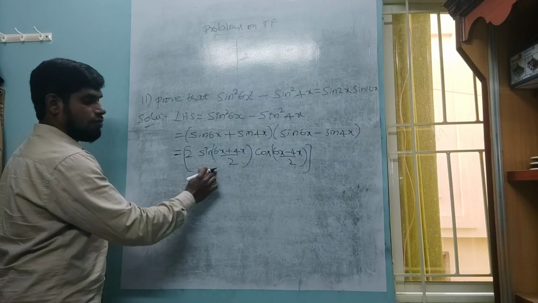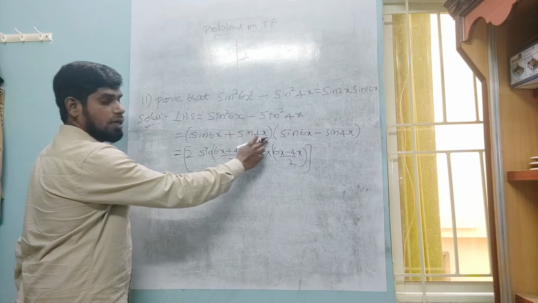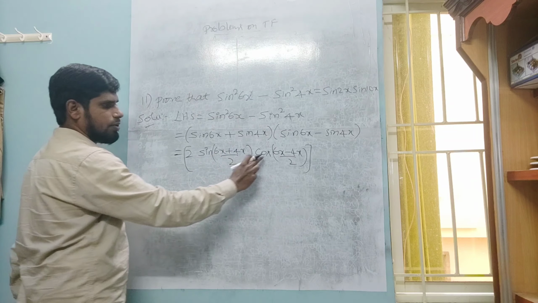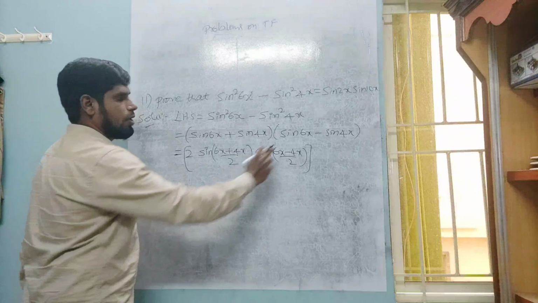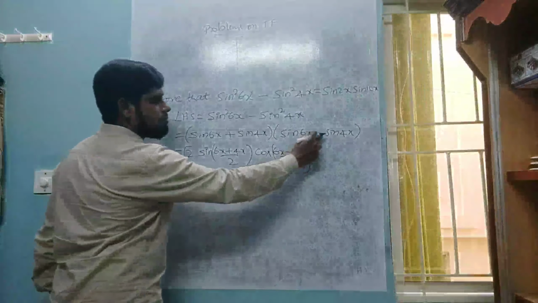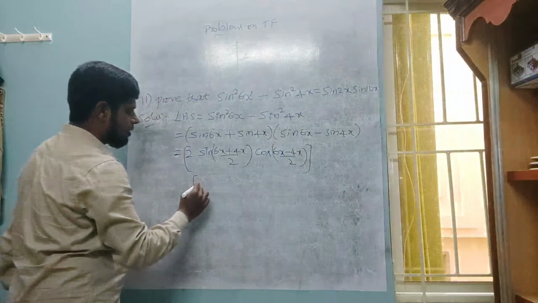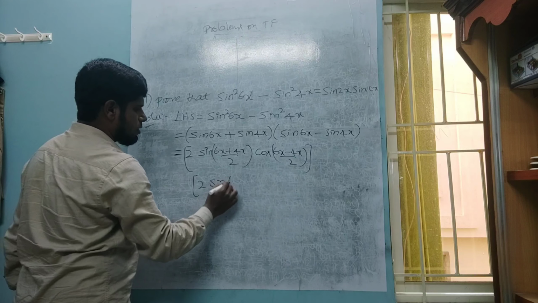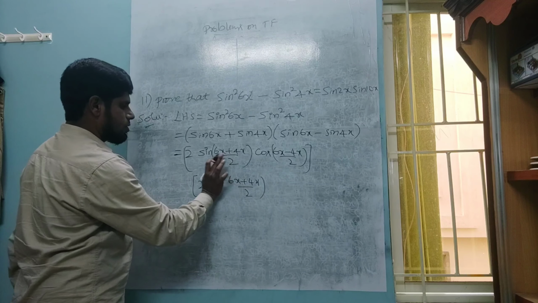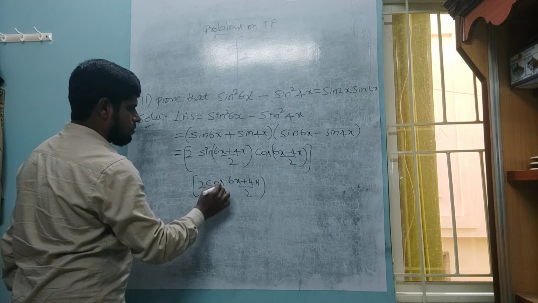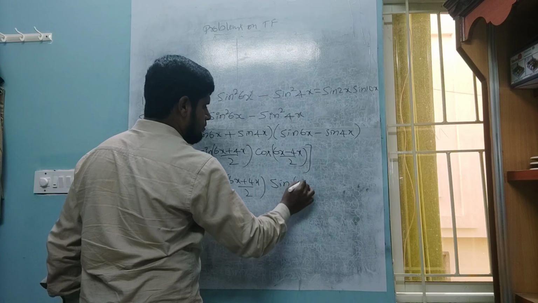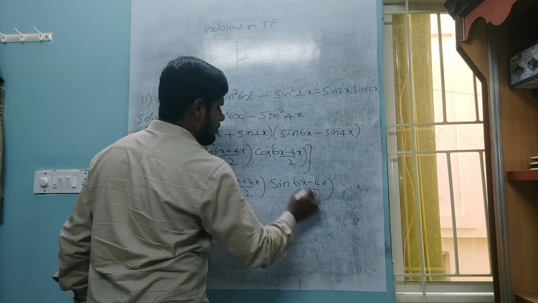This is the formula for sin 6x plus sin 4x. That is, sin x plus sin y is 2 sin (x plus y) by 2 into cos (x minus y) by 2. Next, I will write it here. Sin x minus sin y formula is 2 sin (x plus y) by 2, I'm sorry, this is cos, 2 cos (x plus y) by 2 into sin (x minus y) by 2.